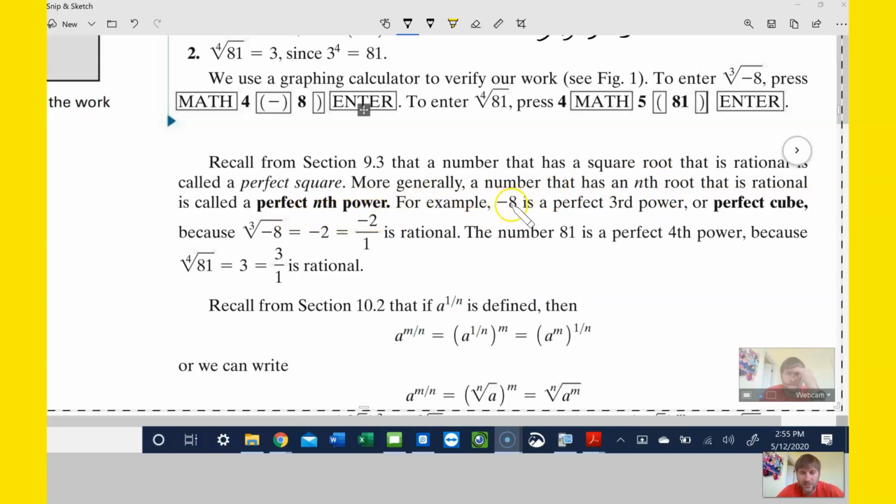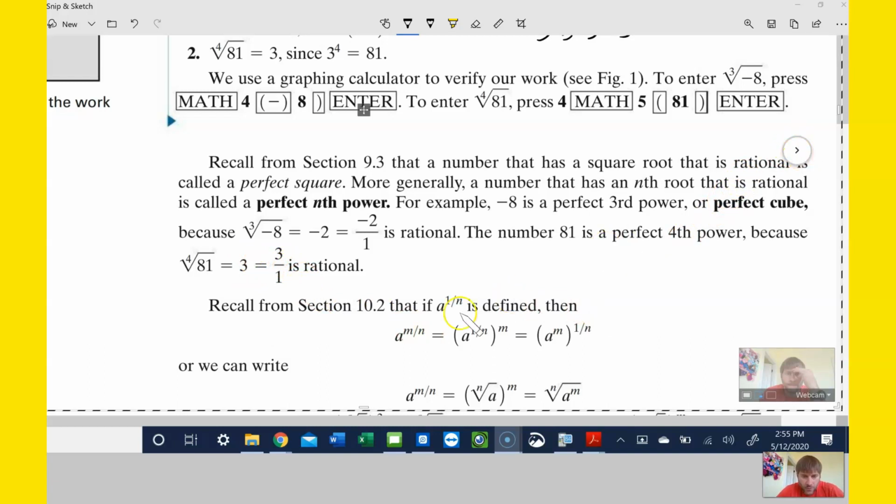So -8 is a perfect cube or a perfect third power because it has a whole number cube root. It has an integer cube root. The number 81 is called a perfect fourth power because it has a whole number or an integer as its 4th root.